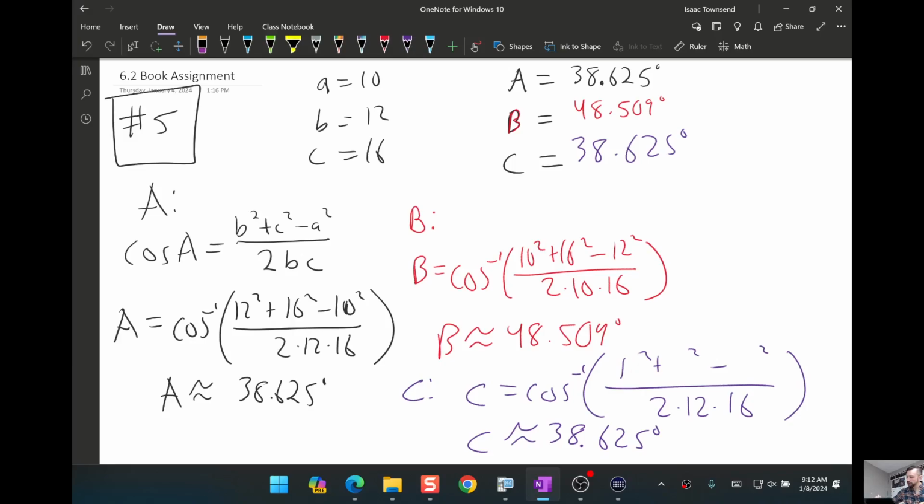C would be a squared plus b squared minus c squared. Okay, that looks a little bit more reasonable.